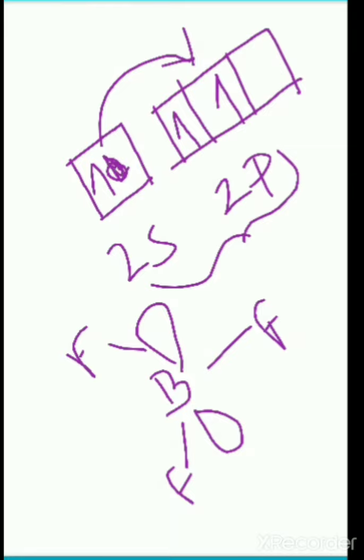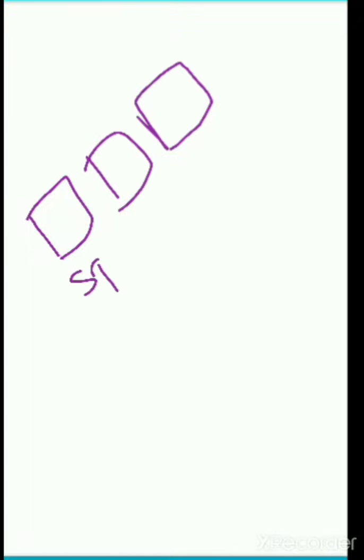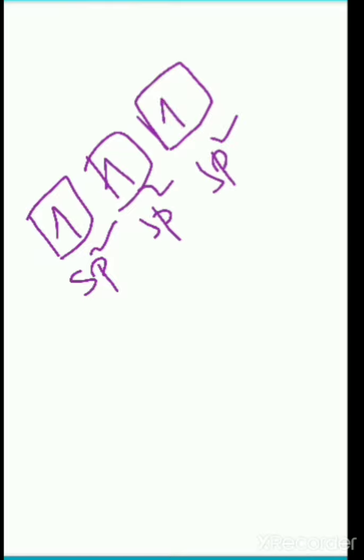Okay, this was its ground state, and in the excited state this comes here, and sp2 hybridization is formed. So here we get 3 sp2 hybridized orbitals, and 1 2p orbital remains vacant, right?